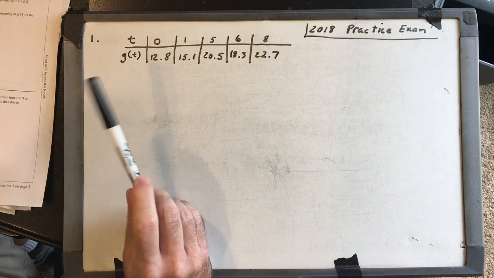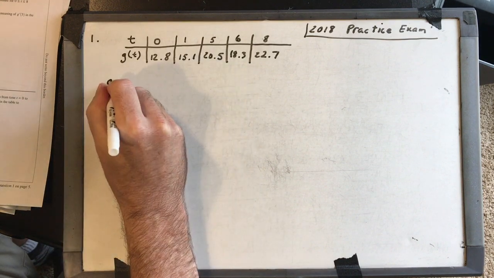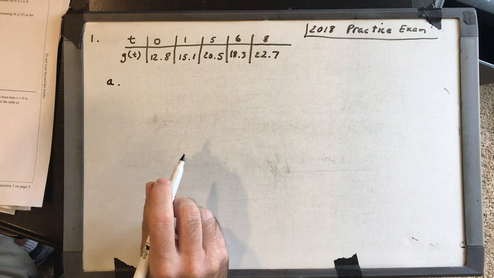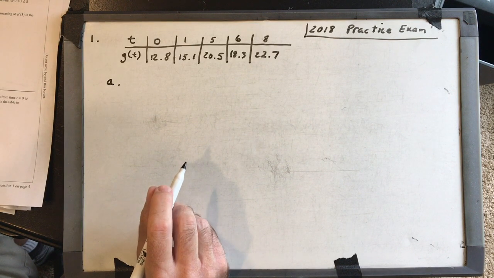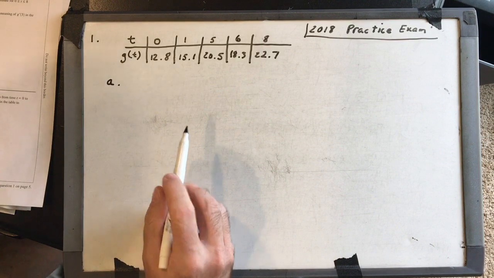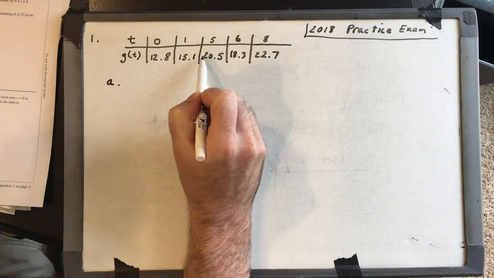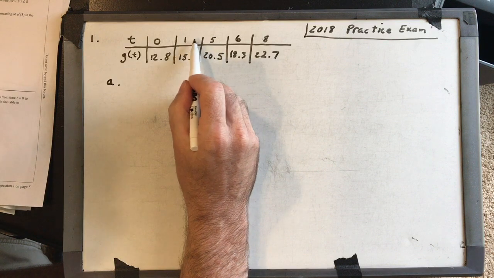So part A says, using the data in the table, approximate G prime of 3, and then interpret the meaning of G prime of 3 in the context of the problem. That interpreting part is important.